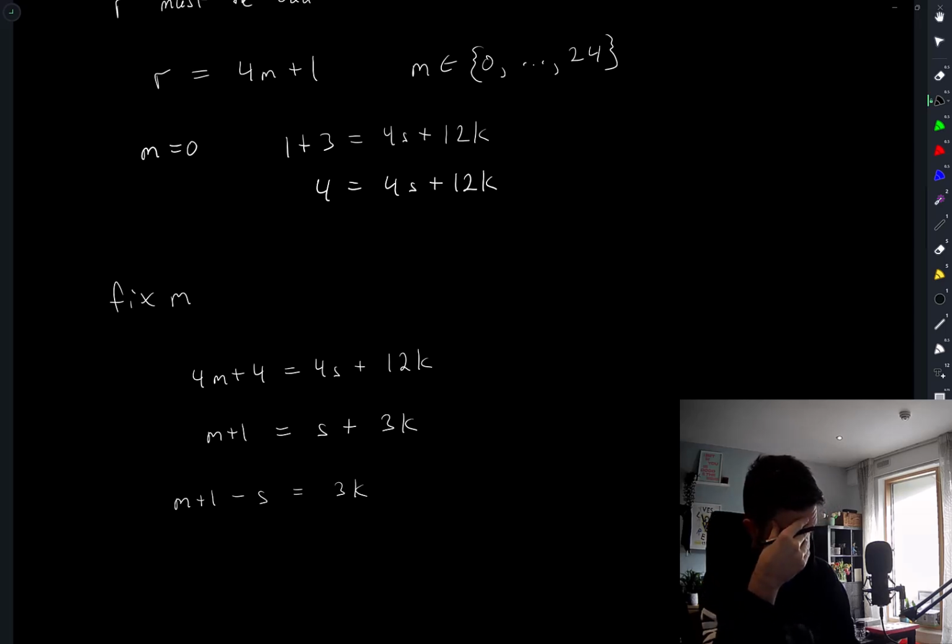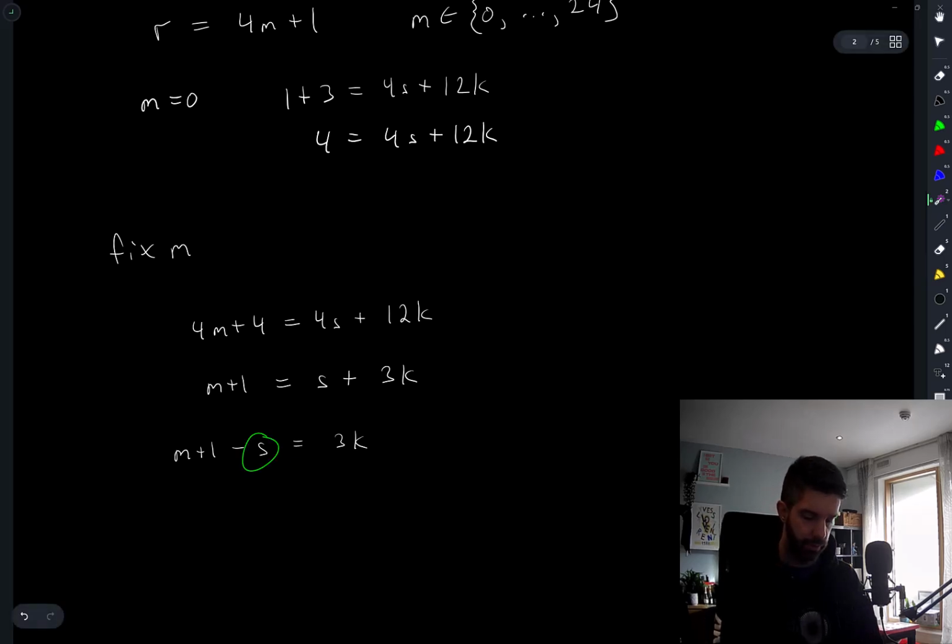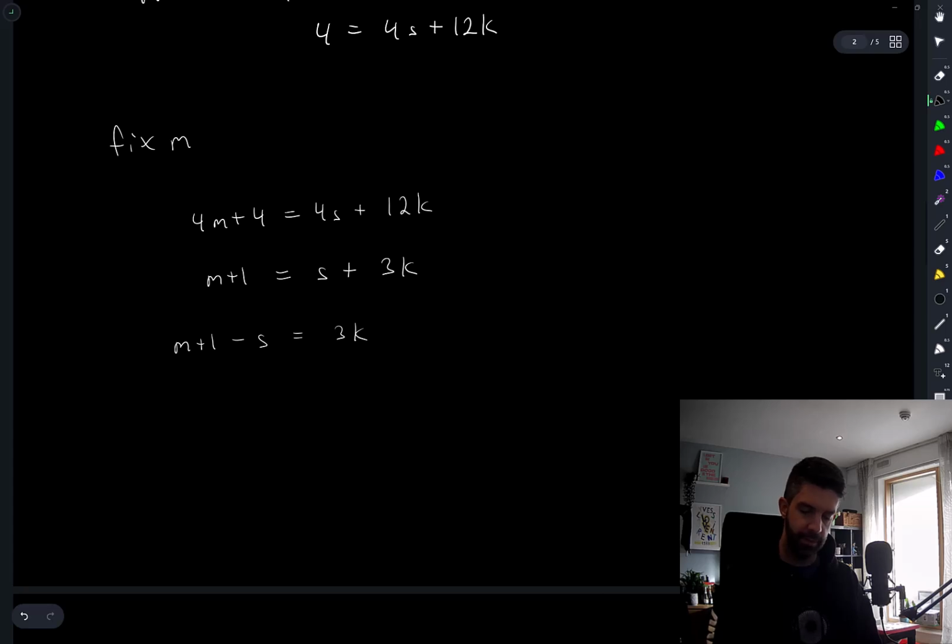Well, I guess there's always going to be approximately 33 or 34 values of S that make this a multiple of 3. Right? Doesn't matter what M is. There will be values of S which make this a multiple of 3. It's a question of how many.